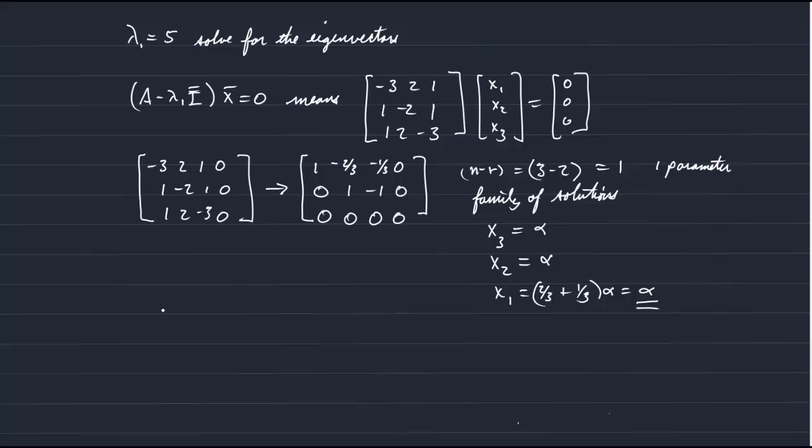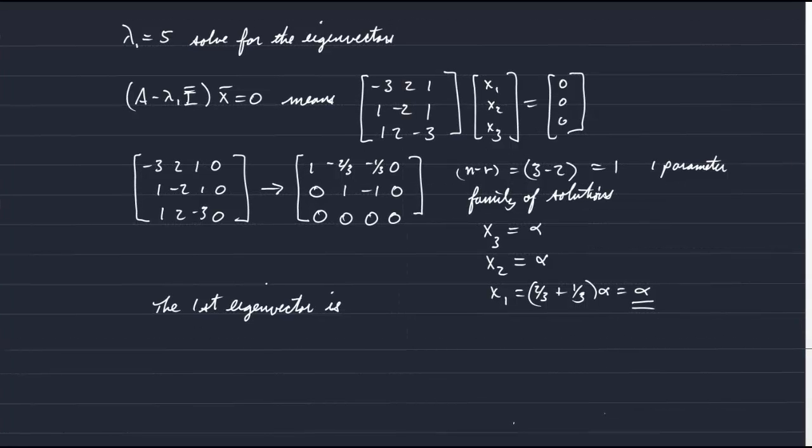So the first eigenvector, we'll denote that as E1, is equal to alpha times the vector 1, 1, 1. So it's a vector of any length oriented in the 1, 1, 1 direction.